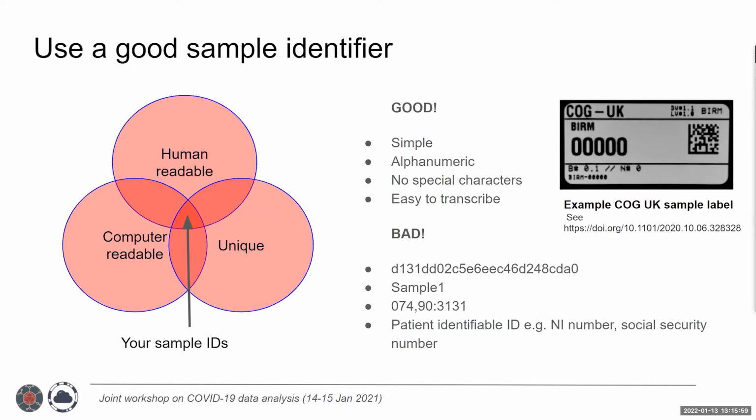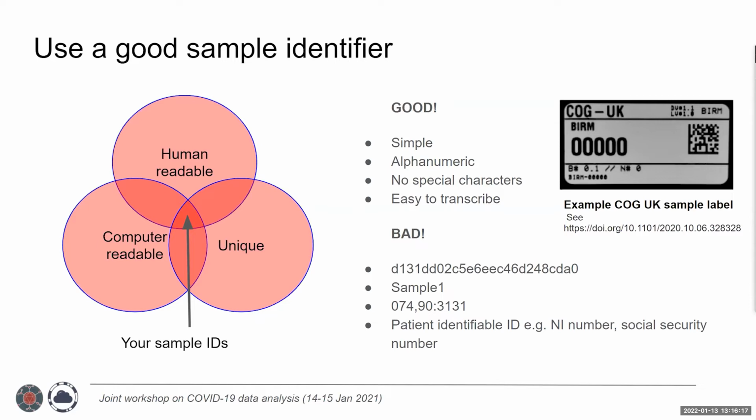Using a good sample identifier is a great start. You do have to keep in mind that your samples are going to be out there, and hopefully you're going to put them out quickly into the public space so other people can use them. And you do need to think carefully about the sample identifier.